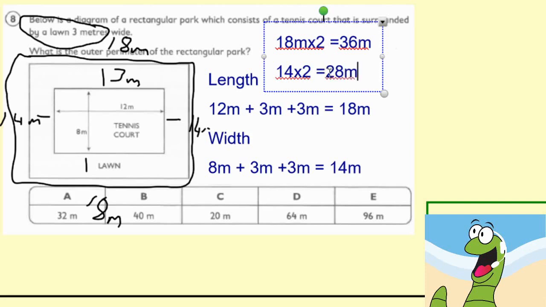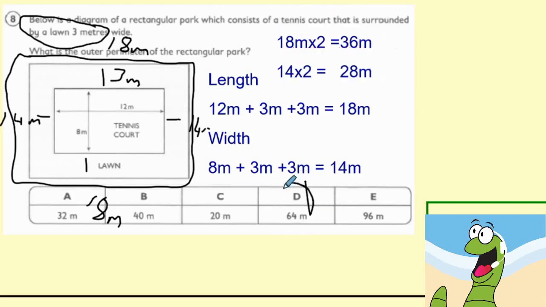Then we add the two together, 36 and 28, and that gives us a total of 64. So if we have a look down here, 64 is our answer.